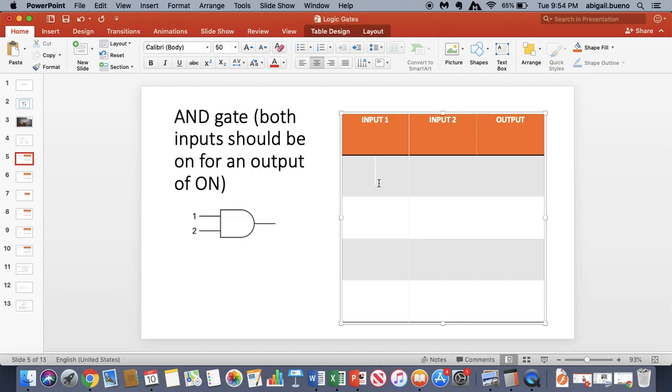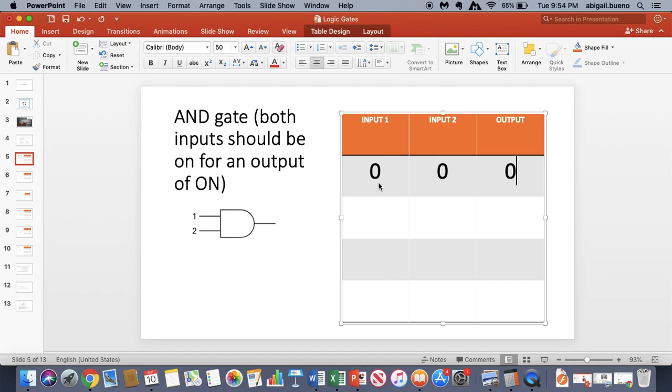Let's set input 1 to 0 and input 2 to 0. What will be our output? Our output will be 0. By the way, we use 0 for low voltage, and 1 to indicate high voltage.